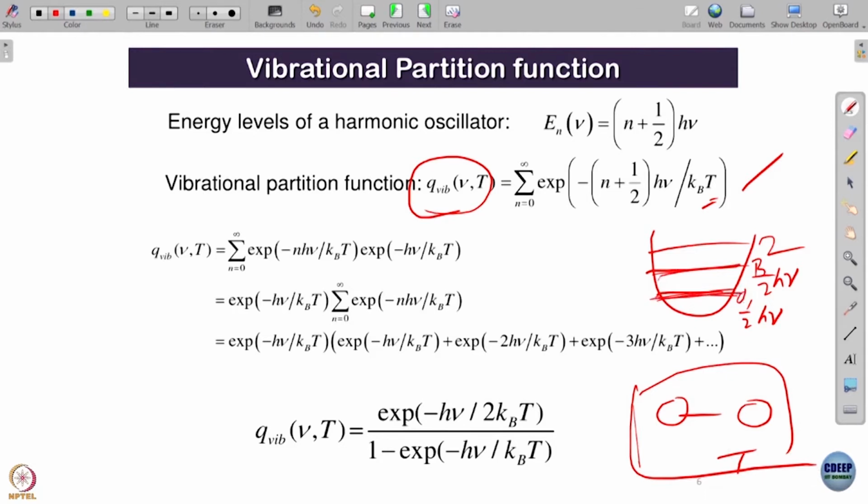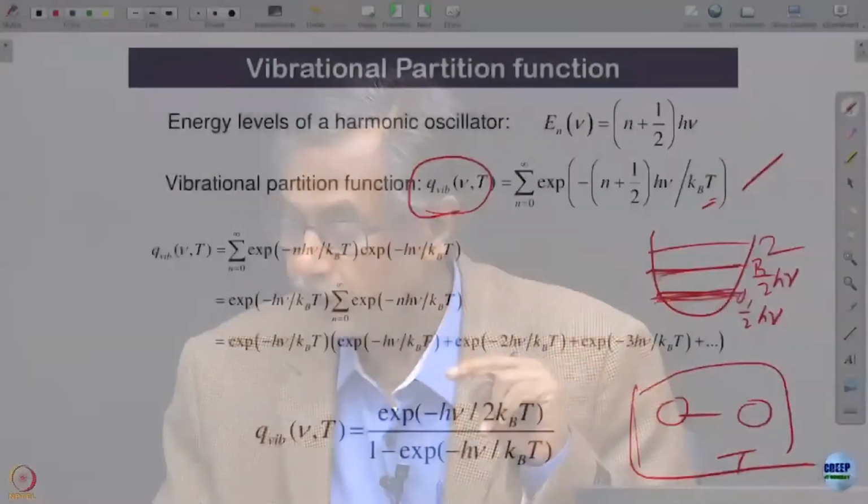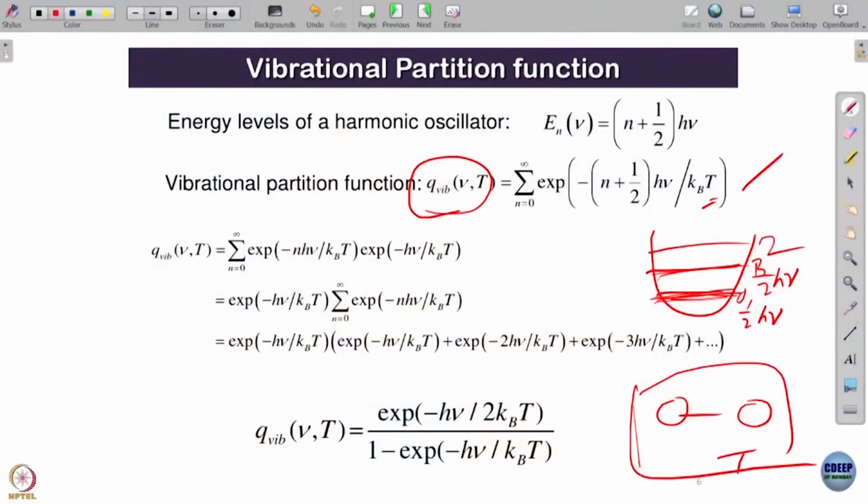You can easily see why in many cases this particular zeroth energy level plays such an important role. That is why in vibration the zeroth vibration level has been such a big deal for many other reasons, but in thermodynamics that is very important. Even at the zero vibration level, it plays a very important role. So now I can do this calculation, because I take the half out.